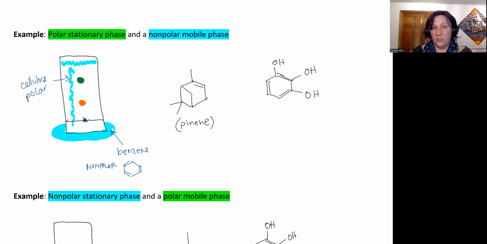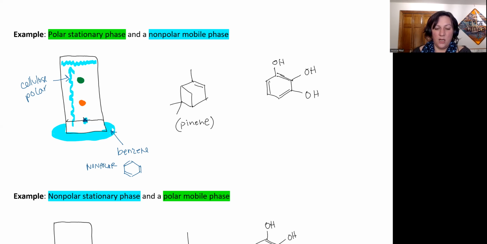And let's say when we do that, we see 2 spots that have moved. So our sample had been spotted right here, and now we see 2. We see an orange one and a green one. And one of them has moved further up the paper, and one has moved less up the paper. So let's figure out which one of these 2 possible compounds would be the green dot, and which one would be the orange dot.